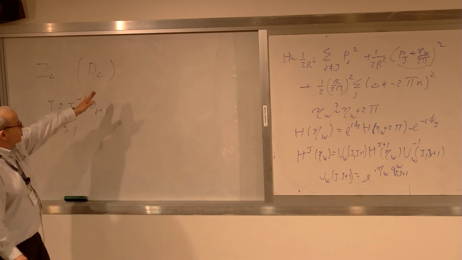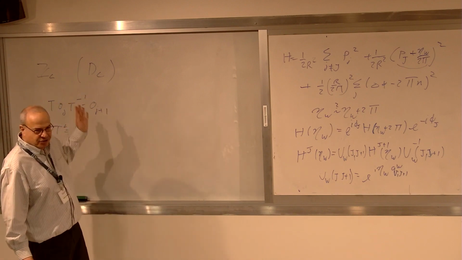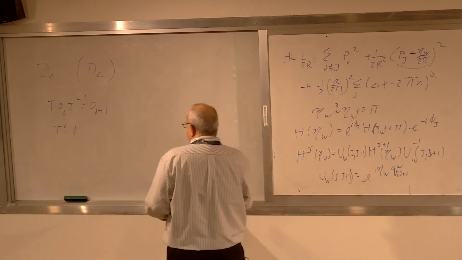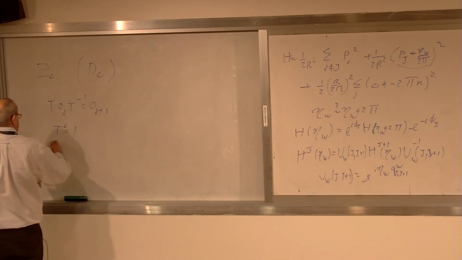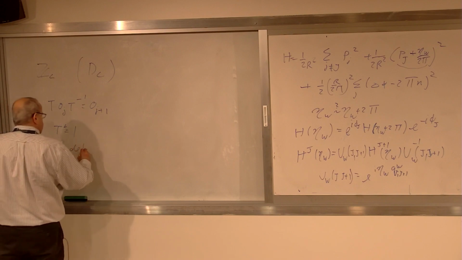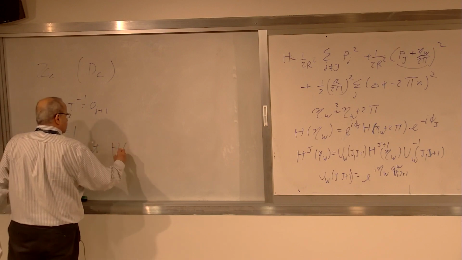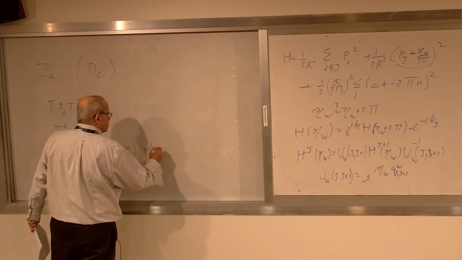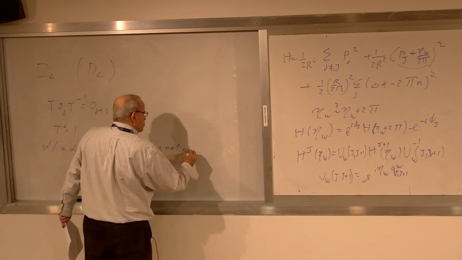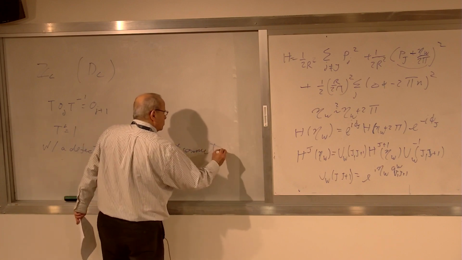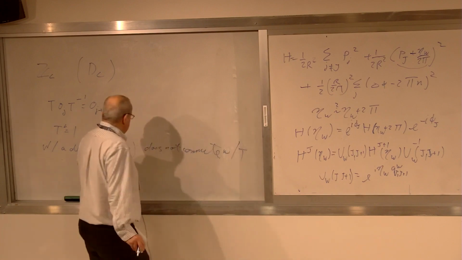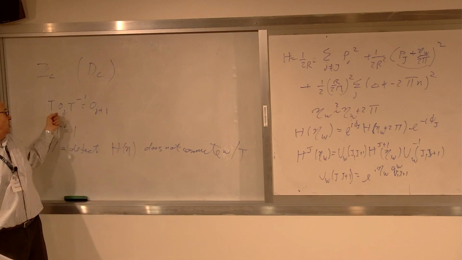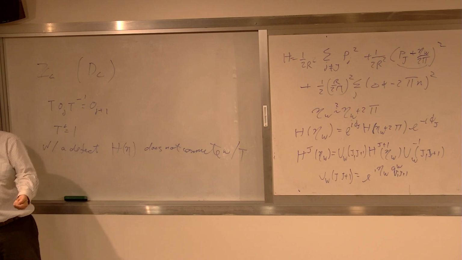So if we don't have any defect, that's straightforward. This is just translation. What happens when we have a defect? With a defect, H, in general, has various etas, and does not commute with T, because we pick the point where the defect is, and I use translation and it moves it to another point.